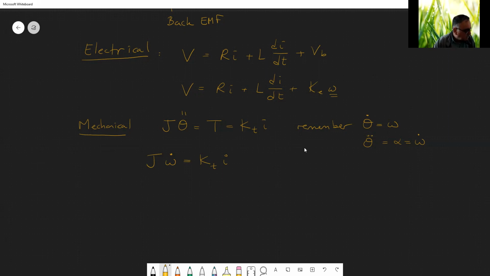So the mechanical and electrical equations are coupled to each other, and their solution requires solving those coupled equations together.